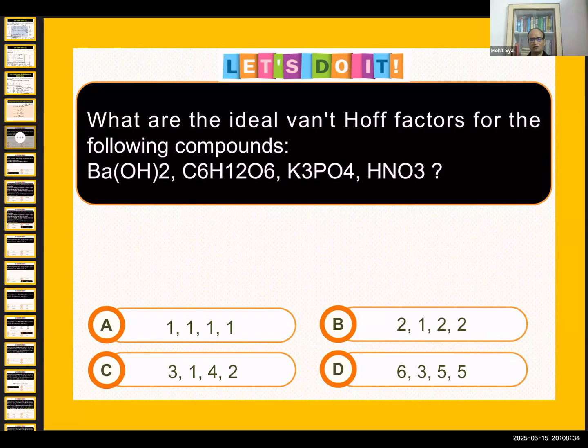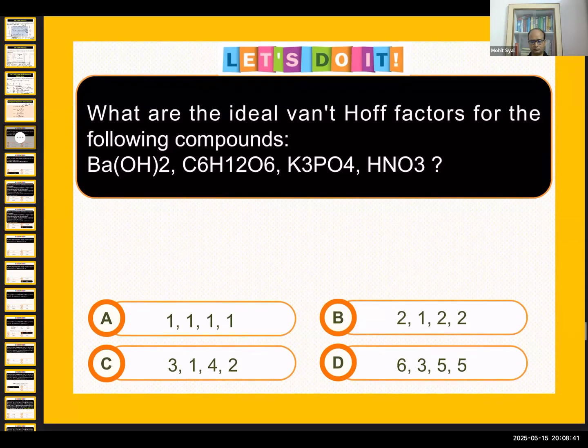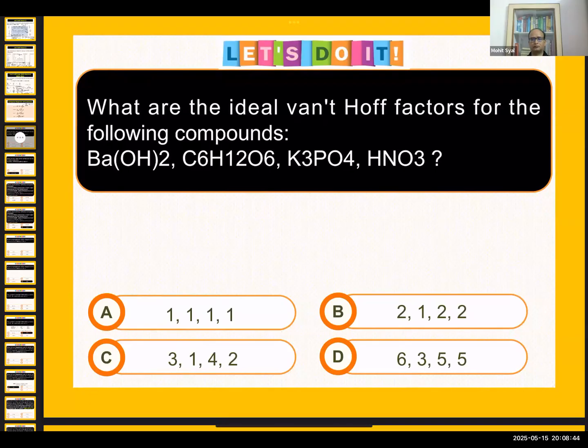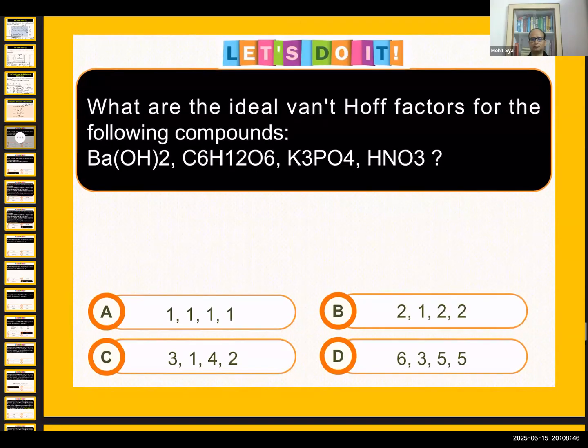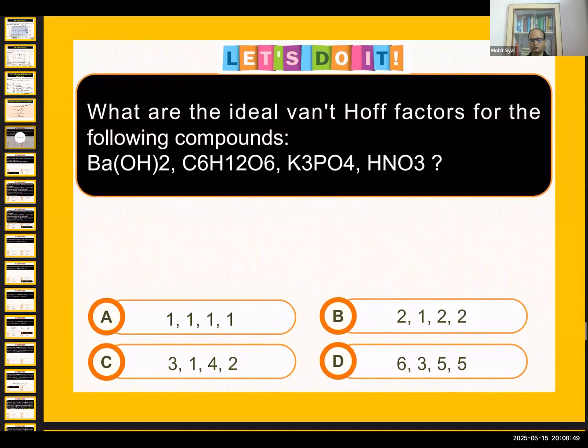Ibrahim, just check once more, barium hydroxide. What is going to be the value, Ibrahim?